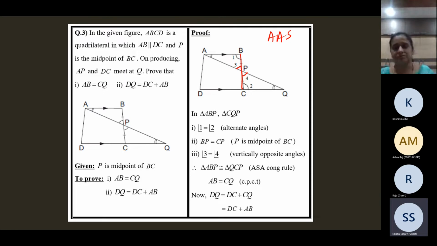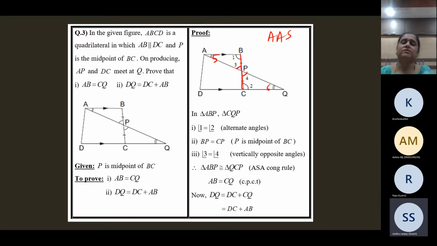Angle A is equal to angle Q, ma'am. Correct. Okay, let me number it. Angle 5 is equal to angle 6. Okay. Angle 1 is equal to angle 2.